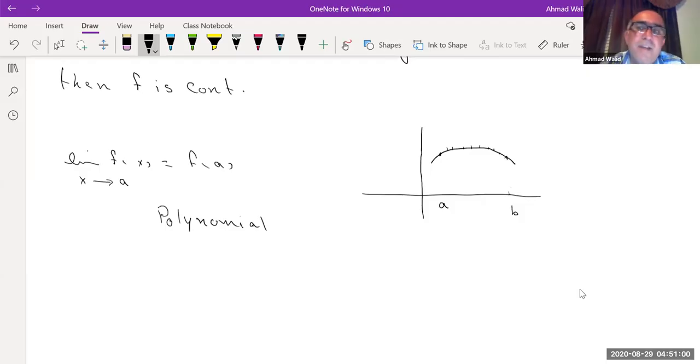All polynomial functions are continuous. The easy way to understand it: you don't pick up your pen, and you can graph a polynomial function. You don't lift your pen from the page. It means you can graph it in one move, right? Polynomial functions, all of them, are continuous at any point.